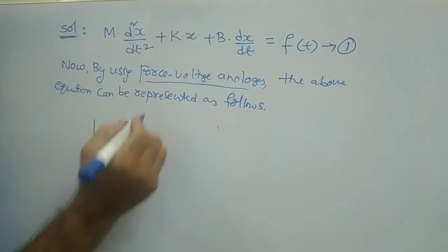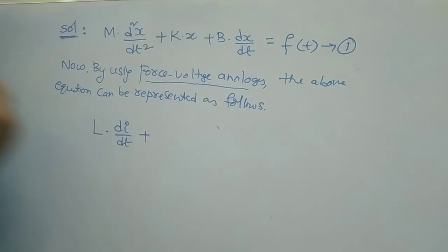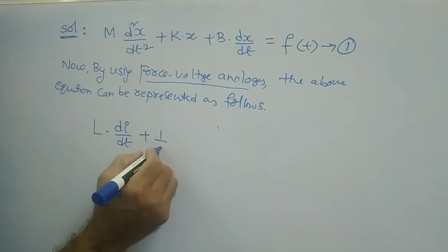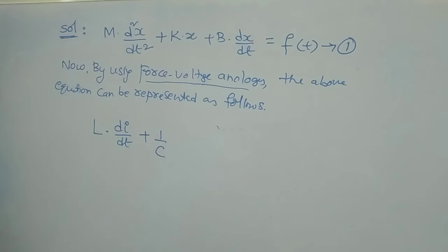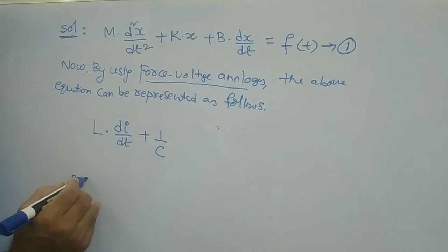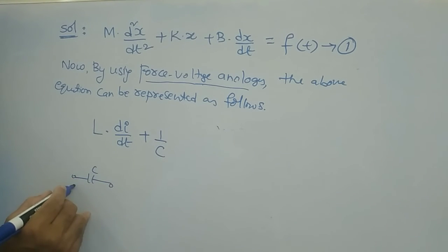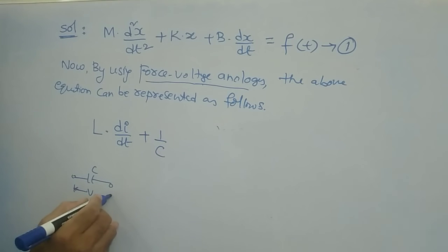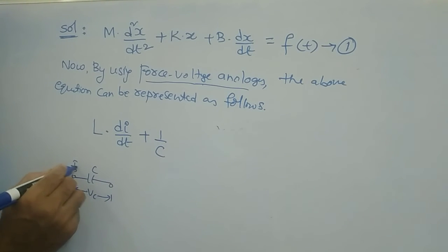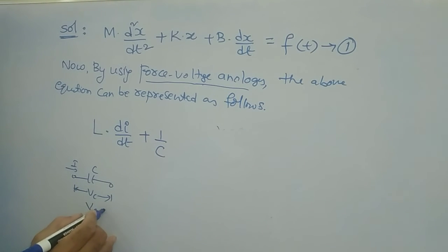Next, K is nothing but 1 by C, 1 by capacitance. So K is converted into capacitance. Then if you consider the capacitance C, this is the voltage. Say for example, Vc is the voltage, I is the current. Then what is Vc actually? Vc is equal to 1 by C integral of I dt, no?